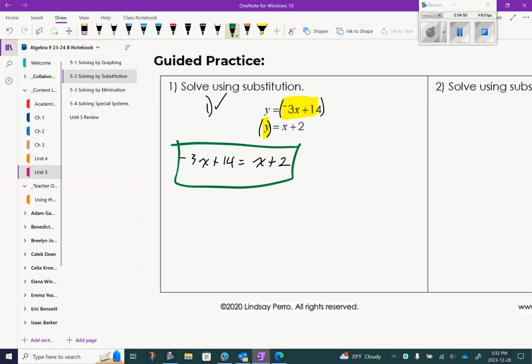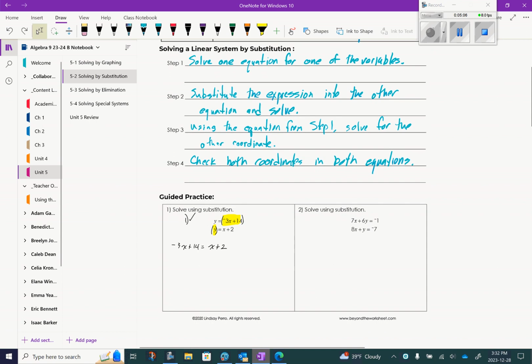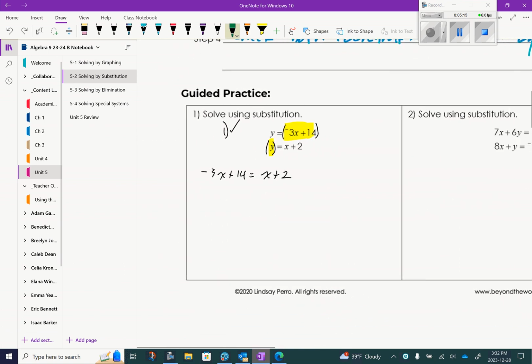Sometimes it's just going to be in terms of y. But if you do the substitution and you get an equation that has both x and y, you didn't do it right. Let's go back and fix that. So now, again, we can see here, substitute the expression into the other equation. We can solve that because there's only one variable here.